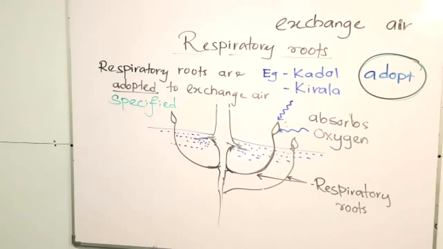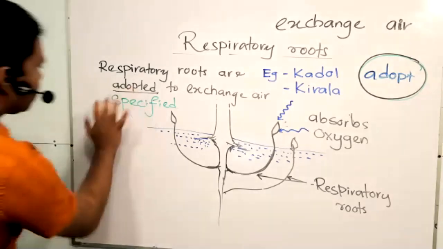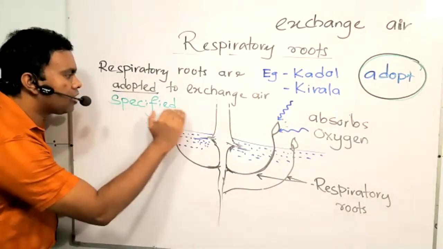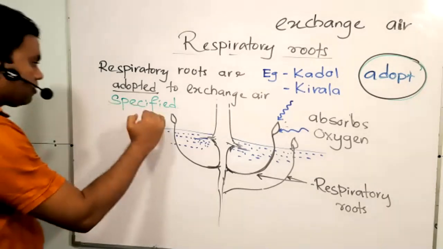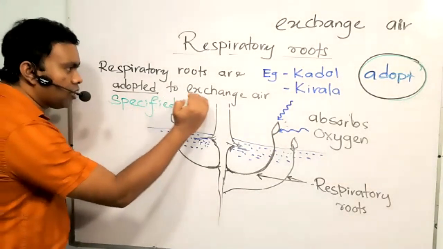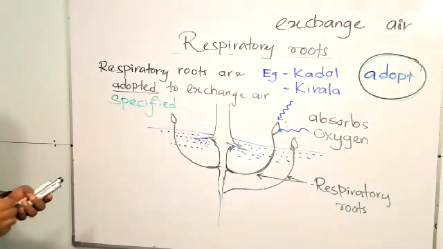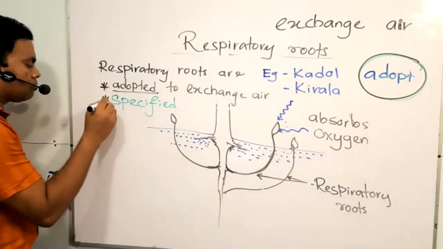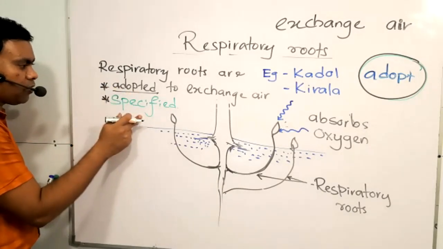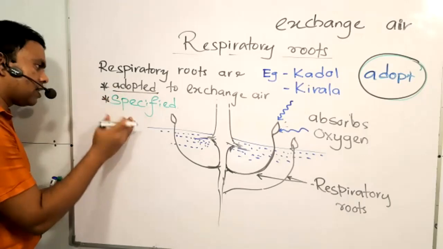Respiratory roots are adapted to exchange air. Okay. Instead of adapted, පුතා specified කියන වචනේ දාලා කියන්න. Respiratory roots are specified to exchange air. So these two terms are very important. In biology, most of the time we use adapted and specified, up to grade 10.